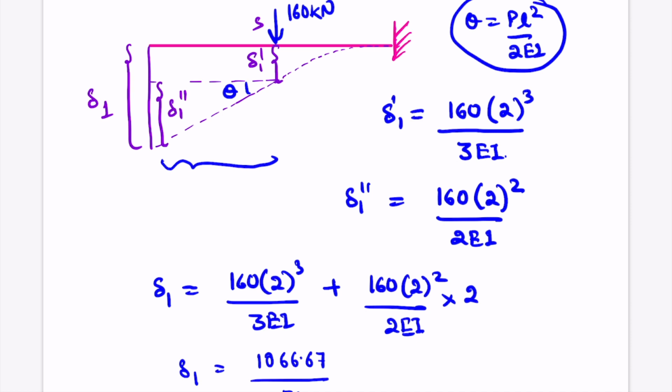Now let us calculate the value of delta 2 also. So for delta 2 we have this, again this beam, but here we have this load FPQ. So it is very simple to solve. The deflected shape will be like this.